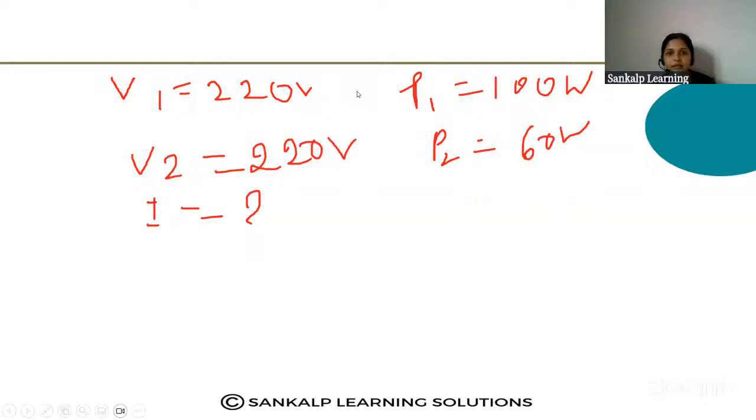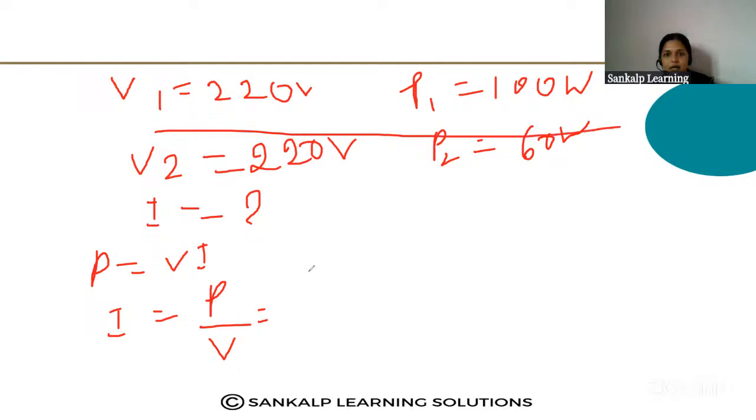So write the formula P is equal to V into I. Here I is equal to P by V. You know the value of P in the first case, that is 100 divided by 220. So I is equal to 10 by 22 ampere.